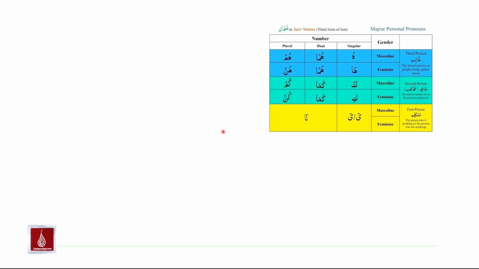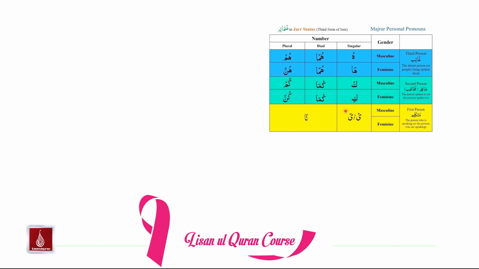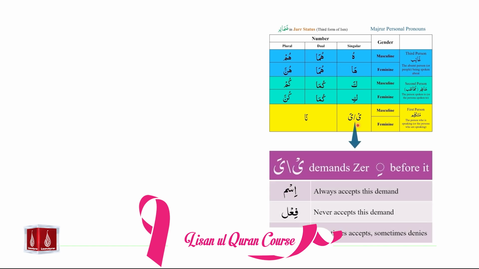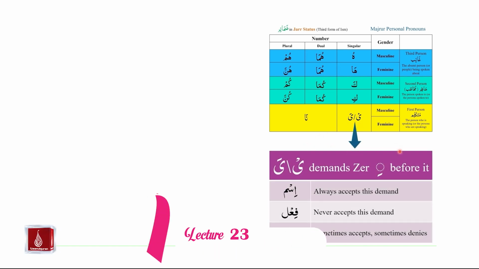So let us study how an harf jar can be combined with ya. In the study of majroor personal pronouns, we had hu, huma, hum, ha, huma, hunna, ka, kuma, kum, ki, kuma, kunna, ya, and na. We studied in the case of ya that this ya demands zair before it.